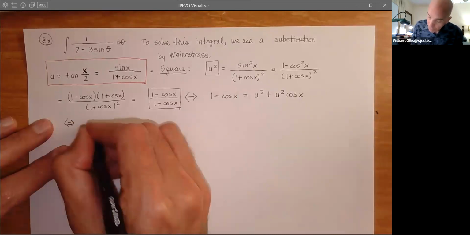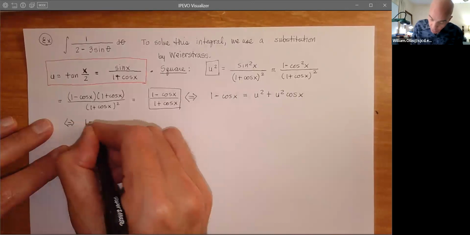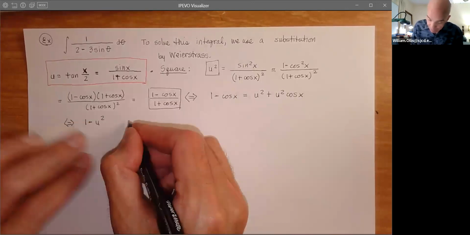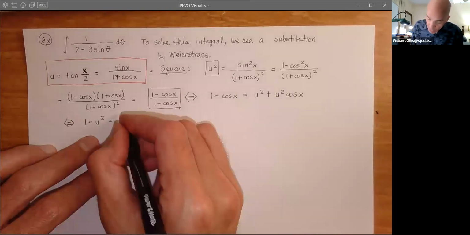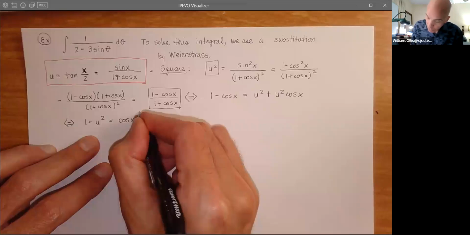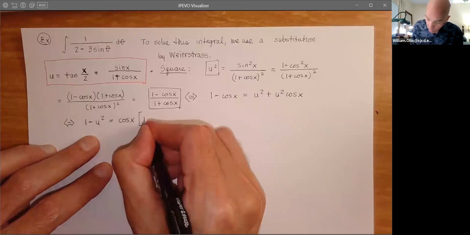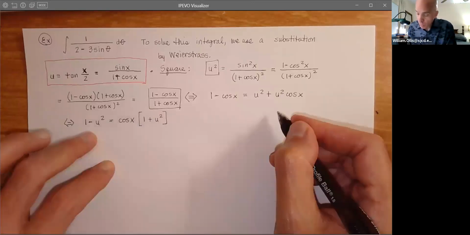we'll take the u squared over here and write it on the left. And then take the cosine over here, and this will be cosine x. And we factor the cosine, we get a 1 plus u squared. So I just transposed.